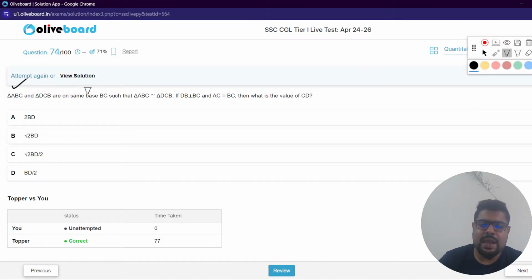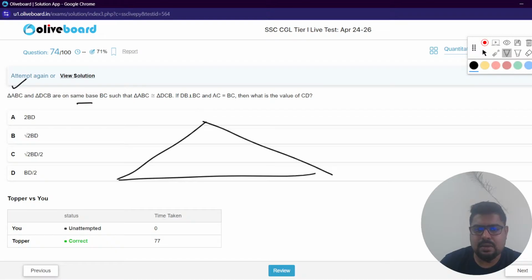Next one. ABC, same base, and this. Okay, BC is the same base, sir. A, B, and C, such that they are congruent as well.